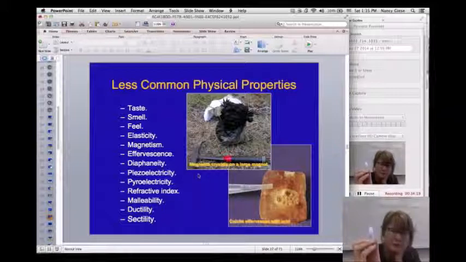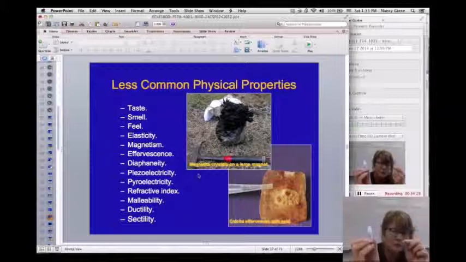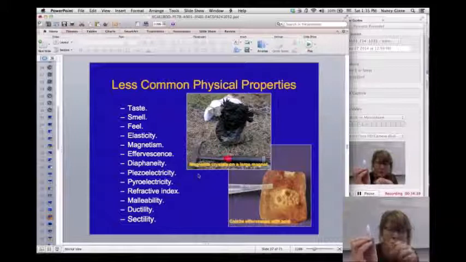What that means is if I put a drop of this acid on the mineral surface, I should immediately see bubbles forming on the surface within the drop of acid. And what that tells me is that the mineral is having a strong reaction to the acid. There's a chemical reaction taking place in front of our eyes.